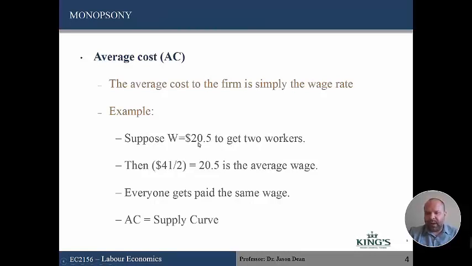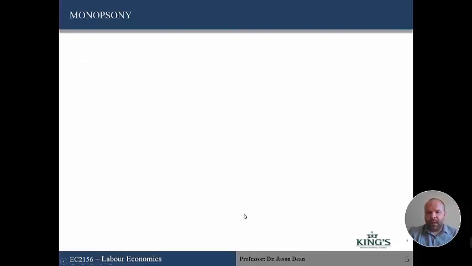Then the average wage is obviously 41 divided by 2 is 20.5. And so the average cost to the firm is going to be equal to the wage. And everyone gets paid the same wage in the market. And so the average cost curve is actually the same thing as the supply curve of labor. Okay? We'll keep that in mind and we'll see that in a diagram shortly.